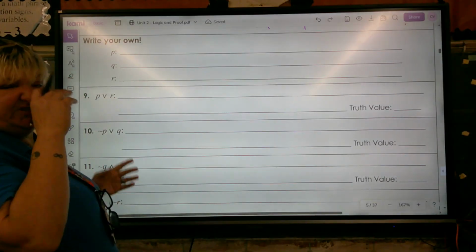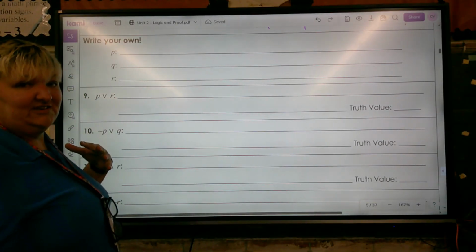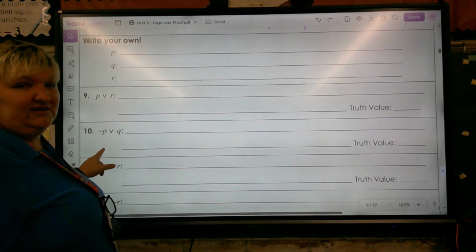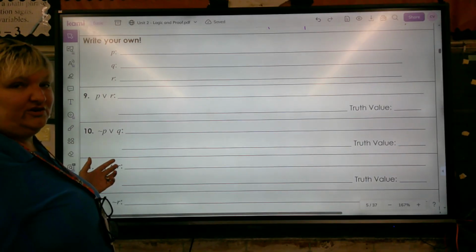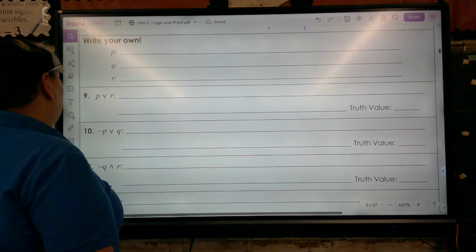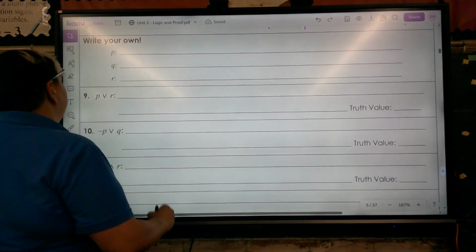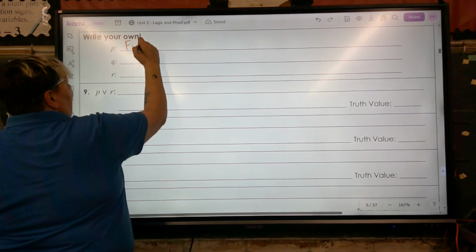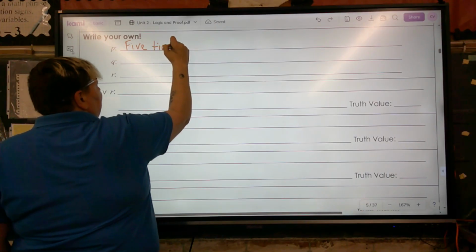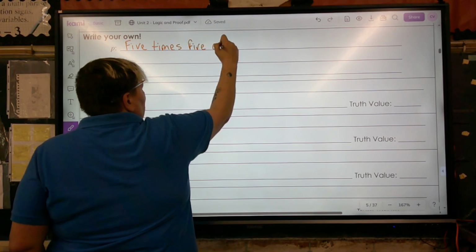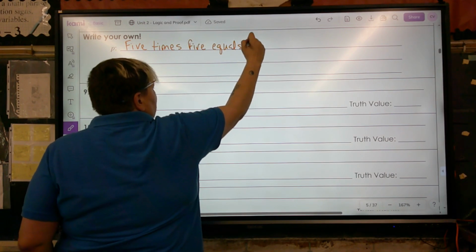Alright, for the last ones, I'm going to create three statements for you, and then you're going to follow the ands, the ors, and the negations. You're going to create your compound statements, and then tell me the truth value. So your P is going to be 5 times 5 equals 25.